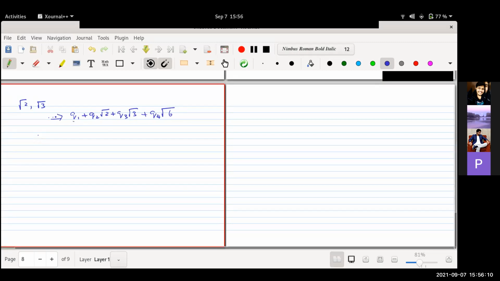How many terms to include such that the set becomes closed? Okay, that's a good point. I have not thought about it right now. We have to work it out, only then we will know. That is, Q will contain square root of 3. How many terms?